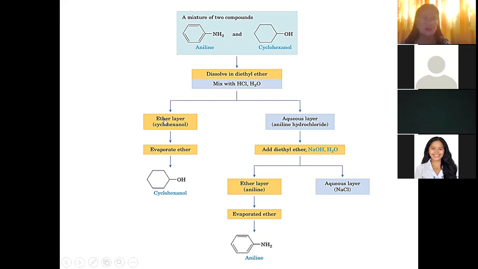Then ether, then evaporate the ether. This will be done in the laboratory. So aniline and cyclohexanol, that is how they are produced by means of this process.